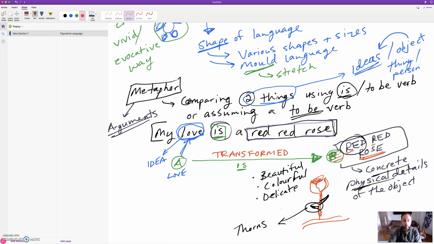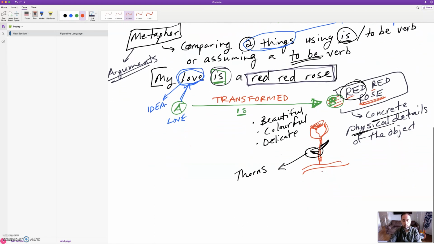So, what does the redness of the rose have to do? Well, if you think of heart, right? Red. Well, what does our heart do? It pumps blood. Okay, so we have blood now is red. How about when you're in love and you get excited and see somebody, your cheeks get all red and flushed?